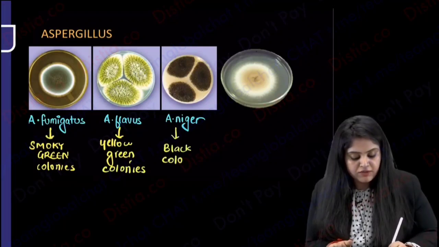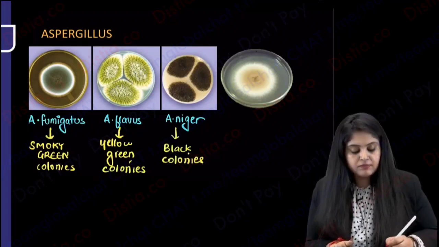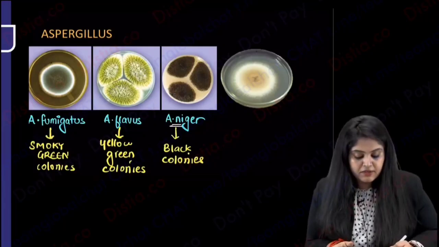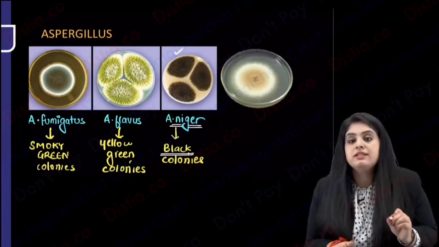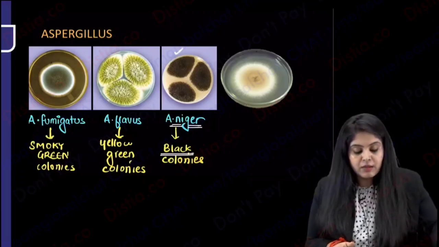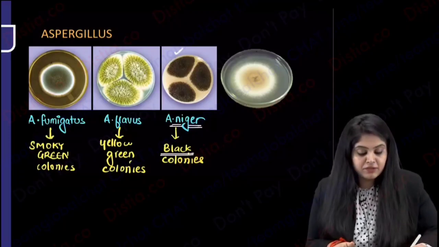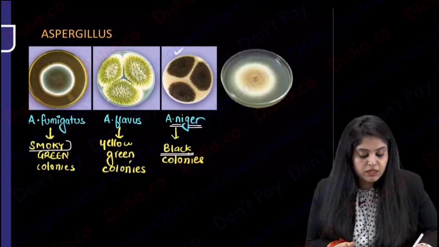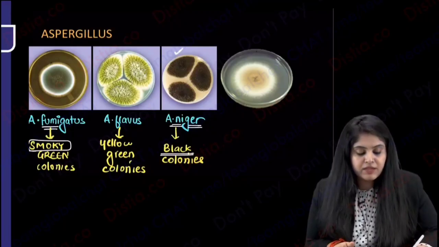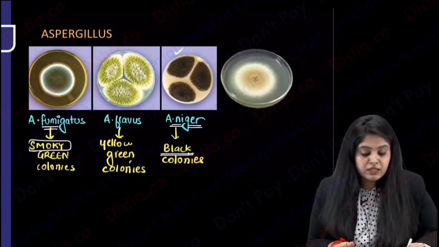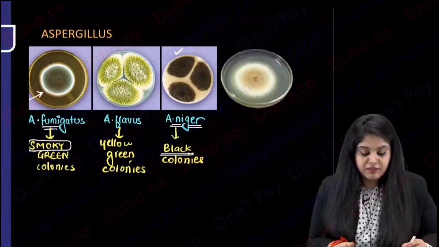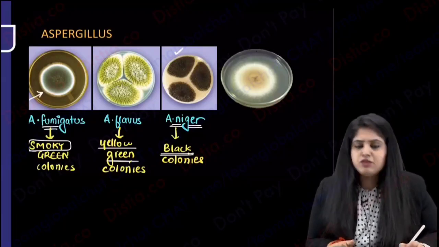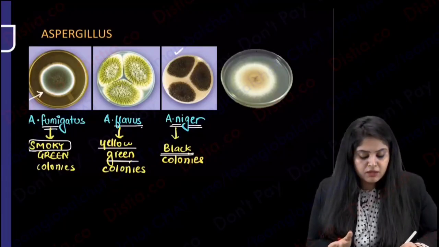How do I learn all of that? The word niger is already telling you it has to do with black, so this is the easiest to identify. The confusion actually comes between fumigatus and flavus. Smoke and fumes have to come together, right? So smoky green is fumigatus. Whereas yellow-green, such beautiful colors, reminds me of a flower.